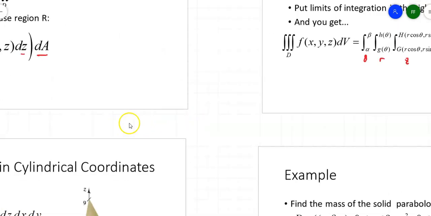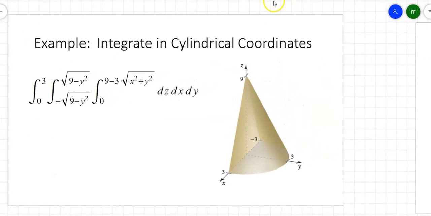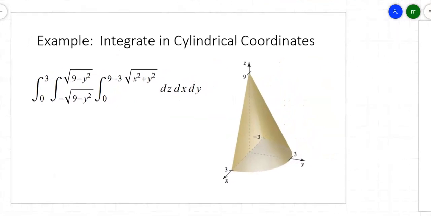Here's how it works. Suppose I've got this shape here. That's a terrible looking integral, isn't it? If I had this in xyz terms, the y's would go from 0 to 3. The x's would go from negative square root of 9 minus y squared to the positive, and the z's would go from 0 to that top piece over there, right?